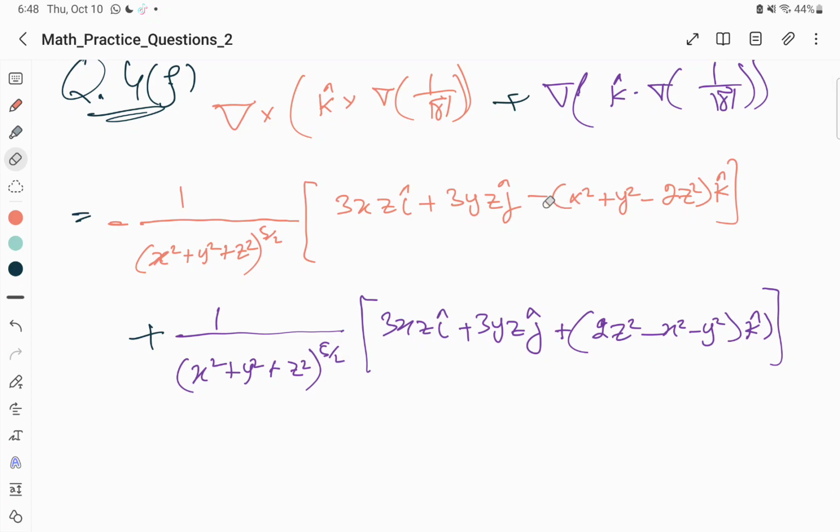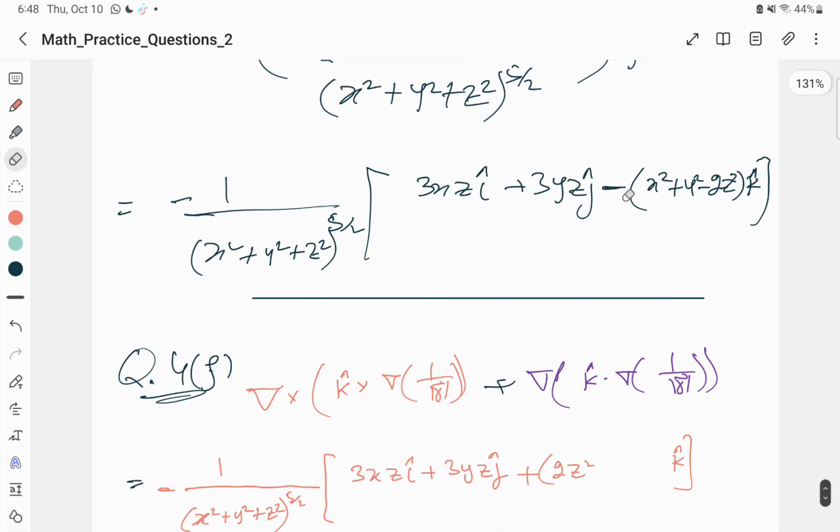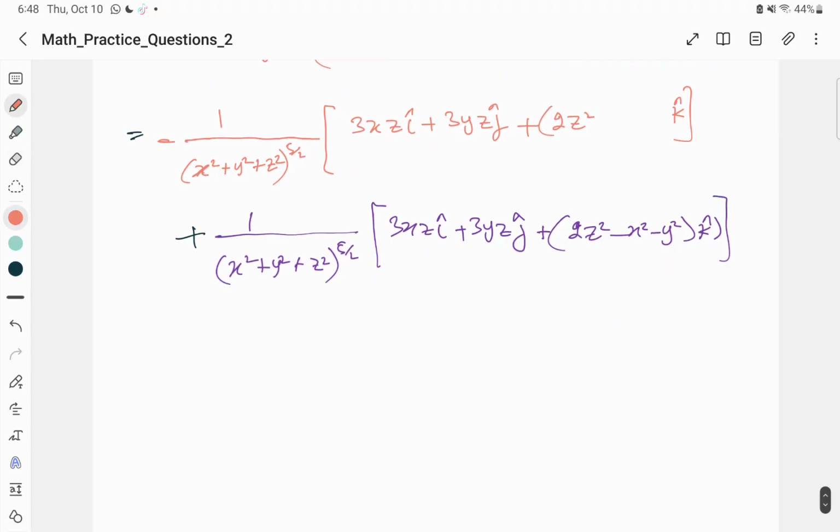If I take negative common, or move that negative inside, it will become positive, so it will become positive 2z square, and the other expression will become negative x square and negative y square.